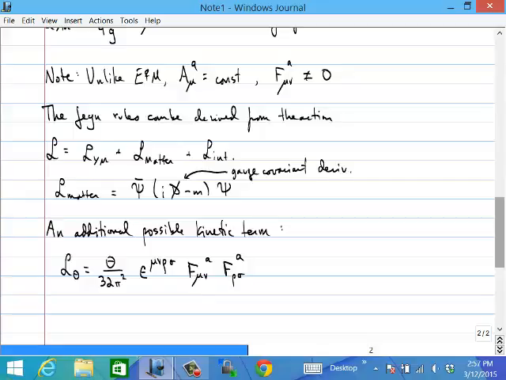For those of you who aren't familiar with it, the epsilon tensor is the 4-index object whose entries are given by 1 or -1, depending on whether mu nu rho sigma are an even or an odd permutation of 0, 1, 2, and 3.